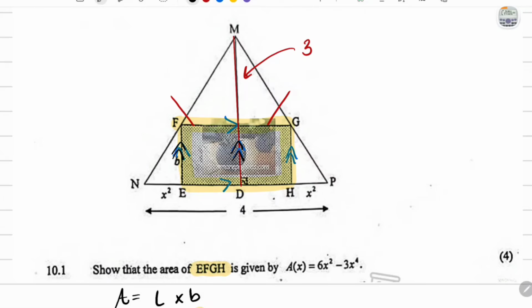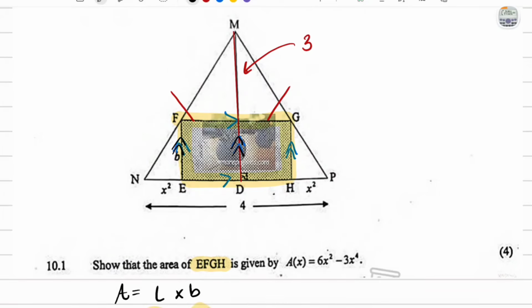Well, it's not the proportionality theorem I'm seeing here, because if it was, I would have to use NF and NM, and then NE and ND. That's not really possible because, sure, I can find NM because of Pythagoras, but I can't find NF. That was the first headache in the first place. So it's not proportionality. Instead, you can try to use similarity.